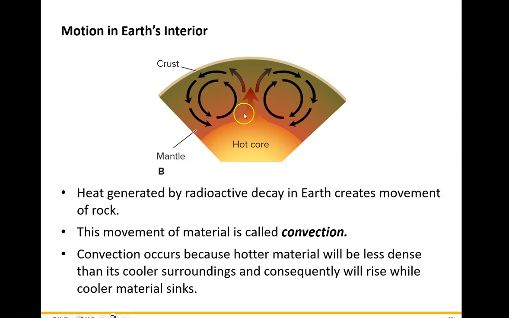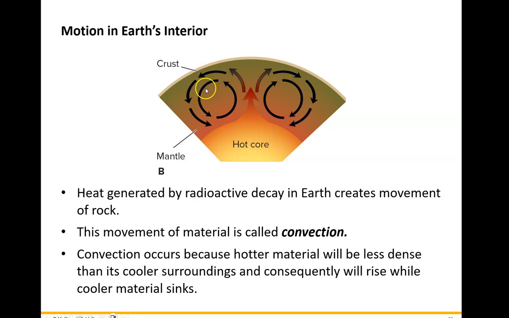there are what are called convection currents that rise up. A convection current would be, for example, if you were boiling water on the stove and you watch as the water boils, it begins to bubble. There are convection currents that take place between the cooler top of the surface and the hot part near the stove.